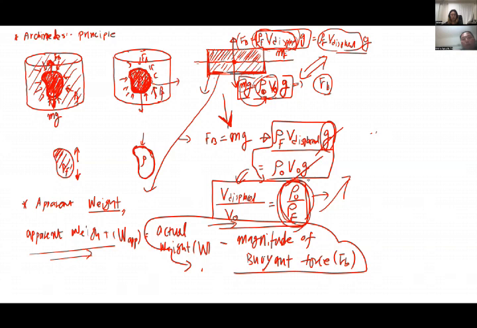The buoyant force makes these two weights look different. Okay, so the amount of difference depends on the density difference between the surrounding fluid and the object of your interest. So that is the Archimedes principle.